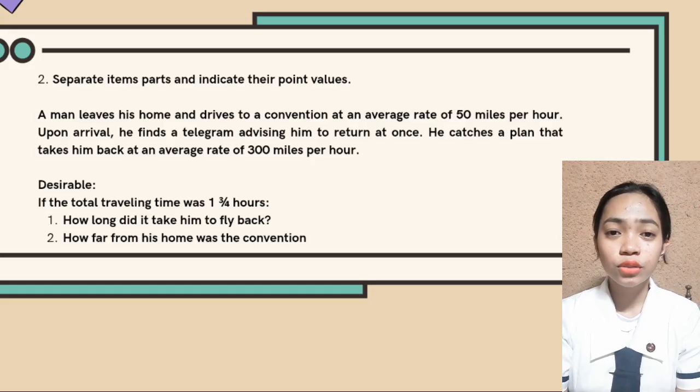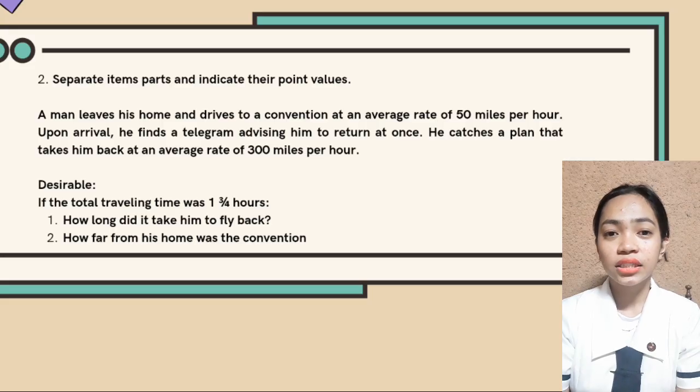Since the total round trip time was 1.75 hours, the time he spent flying back will be 1.75 minus t hours. Because the distance going to and returning from the convention are the same, we can set up an equation using the formula distance equals rate times time.